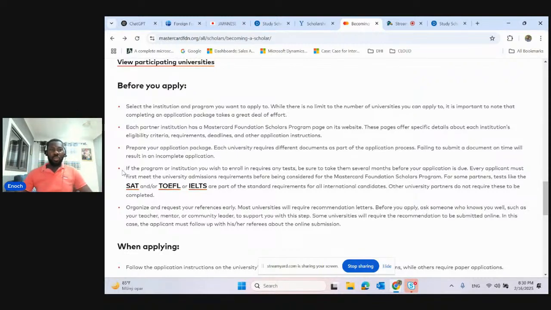Depending on which university you are applying to, undergraduates may be asked to provide a SAT score. Non-English speaking students will probably be asked to provide an English test score by TOEFL or IELTS.